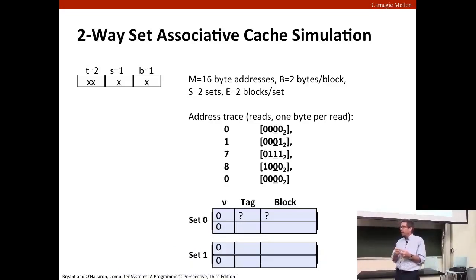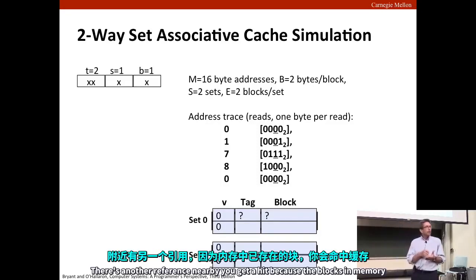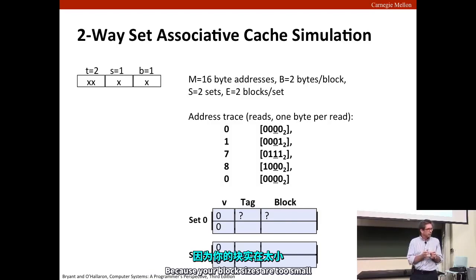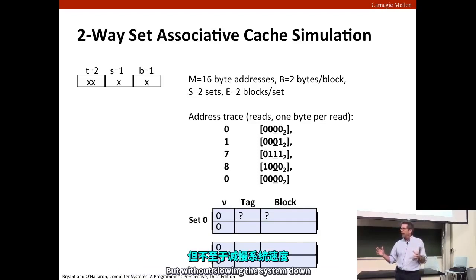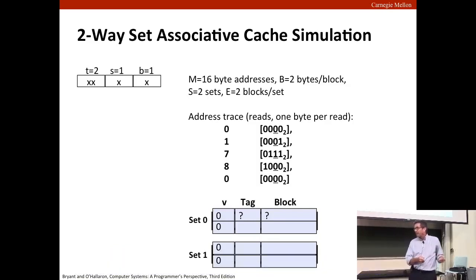You get a miss, you bring the block in, there's another reference nearby, you get a hit because the block's in the cache. But then the next reference is in a different block because your block sizes are too small. So you want to make blocks as big as possible, but without slowing the system down. If your block size is too big, it would take too long to bring that block in.